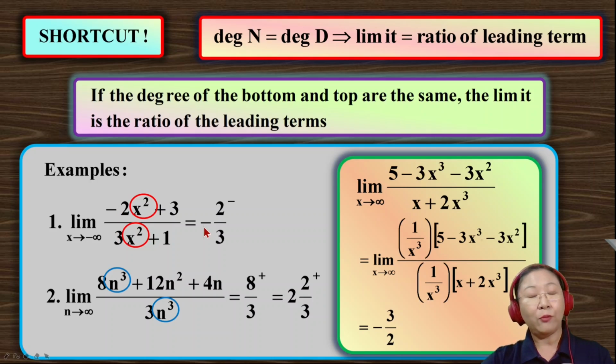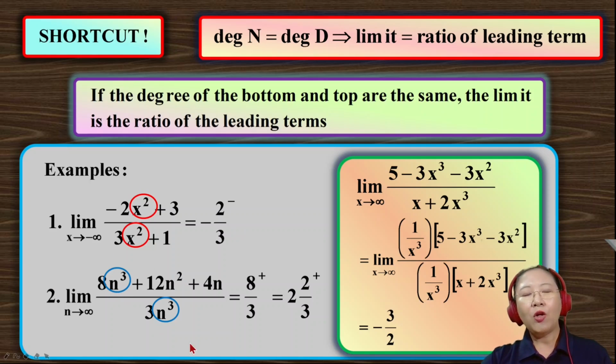But whenever I put in negative infinity, it will transform to positive. But because of the negative, I get a negative answer on top and a positive answer at the bottom. Which means whatever answer I get here is always at the bottom. So that's why I say negative 2 over 3 from the bottom. So it will come from the negative values.